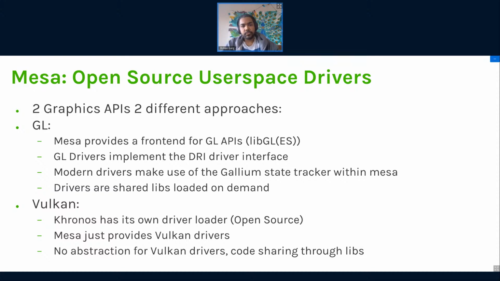Whereas when it comes to Vulkan, Khronos has its own driver loader that is open source. Mesa only provides the Vulkan drivers, and there are no abstractions for Vulkan drivers or state tracking, and code sharing is done through libraries.